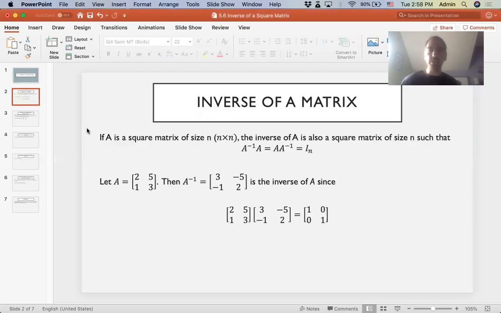Okay, so first of all, the definition of the inverse of a matrix. If we have a square matrix, and a square matrix we're defining as having the same number of rows as columns.